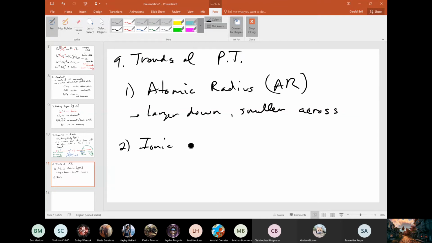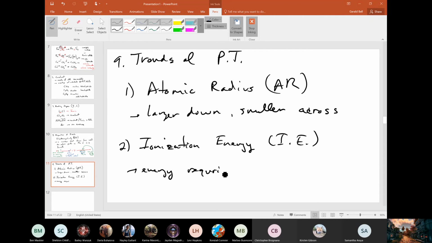We talked about ionization energy, IE, and that's the energy required to remove an electron.